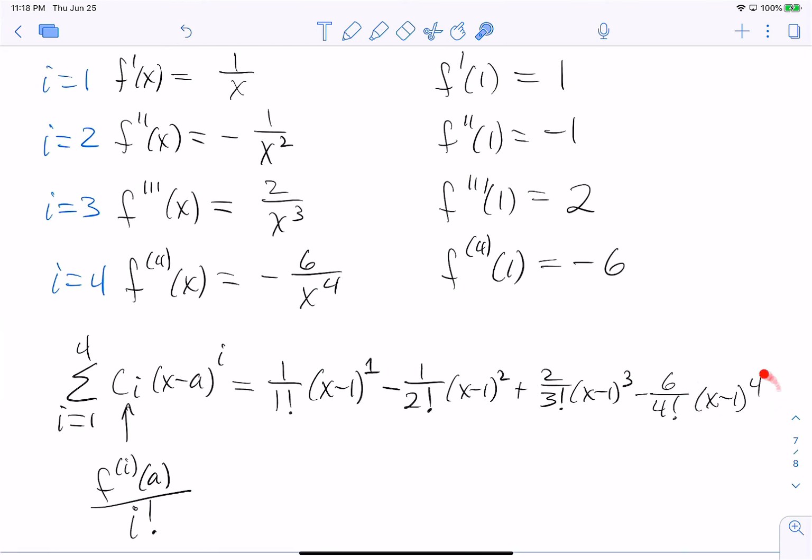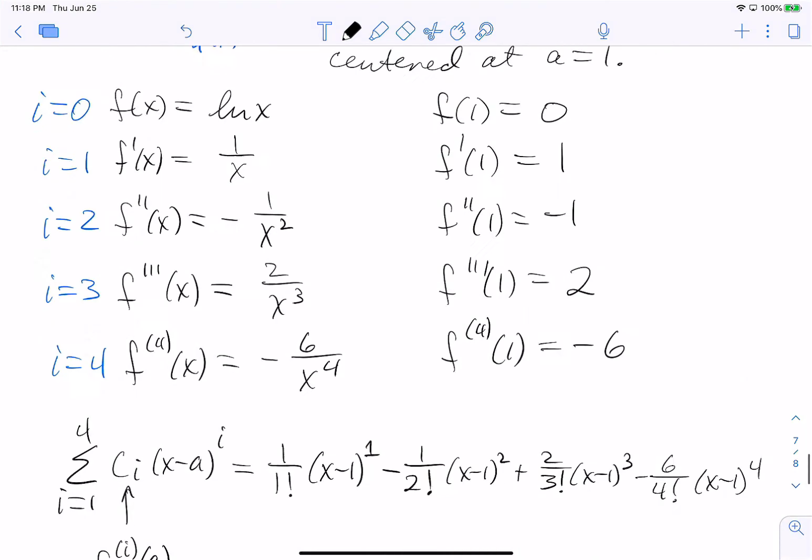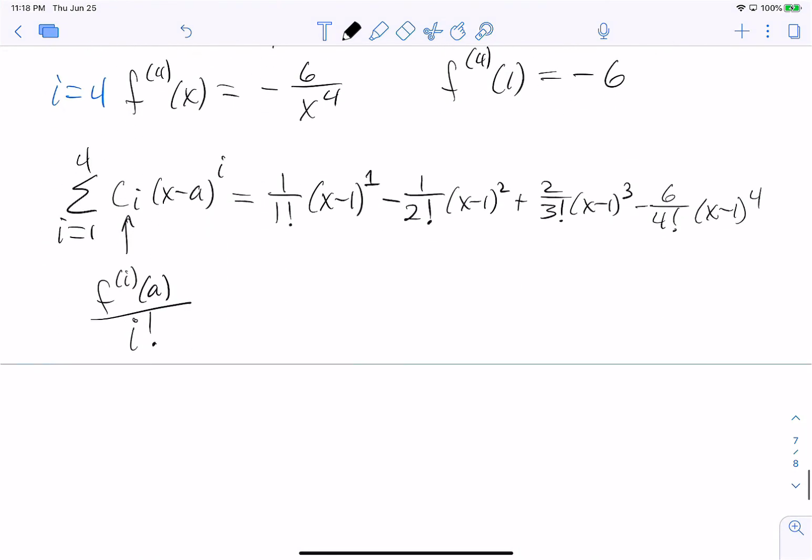Notice that the largest degree on x is a 4. Now we can go back here and say, hey, what we're finding is actually the fourth degree Taylor polynomial. And so I'll write down that T sub 4 of x, because that's really what we found, is equal to, after we simplify, x minus 1, I'm writing that in parentheses so it looks like it's just one term there, minus 1/2 times the quantity of x minus 1 squared, plus 1/3 times the quantity of x minus 1 cubed when we simplify 2 over 3 factorial.